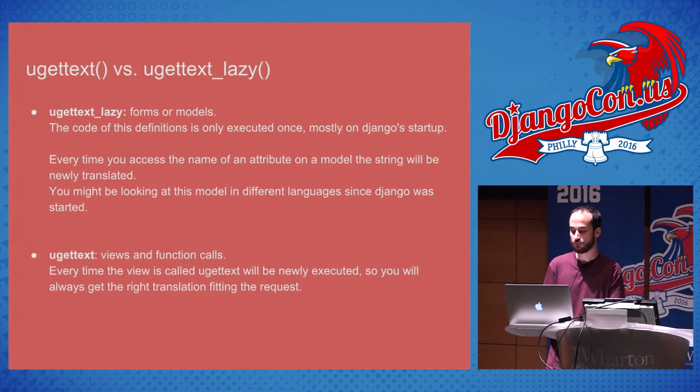So you might be looking at this model in different languages since Django was started. And the other one, gettext, is mostly for views and function calls. So every time the view is called, it will be newly executed, so you will always get the right translation fitting the request.